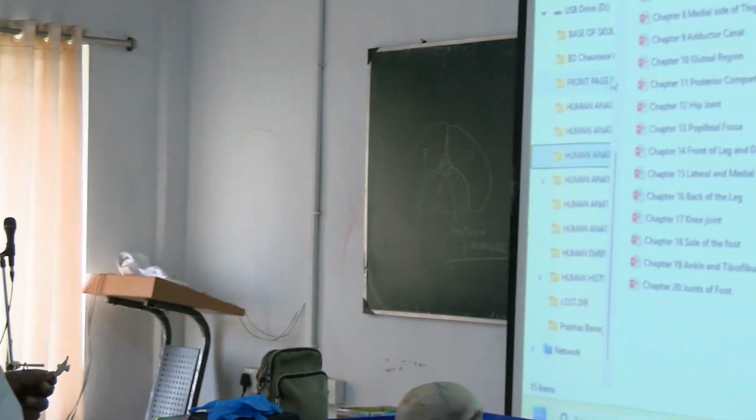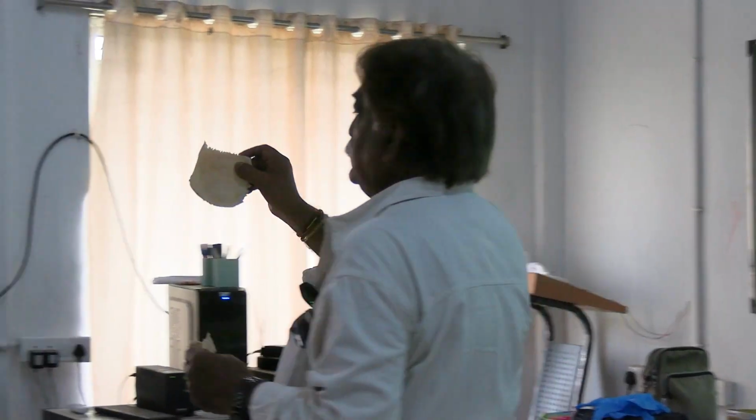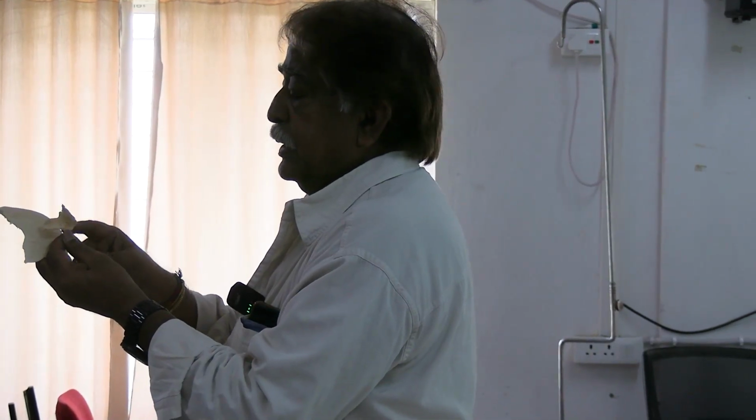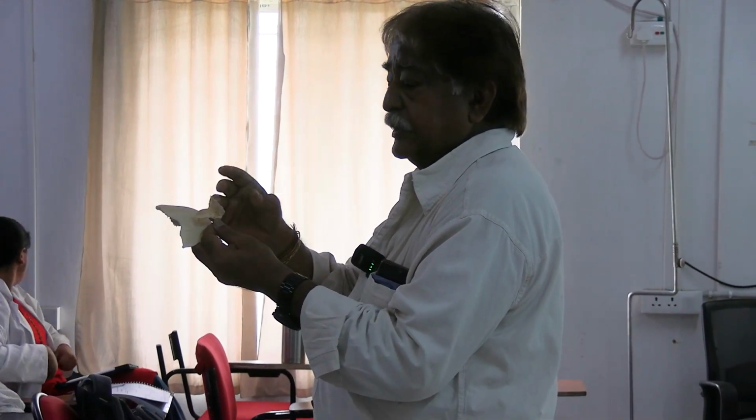So he took the parietal bone from the skull of the patient, and he made a zygomatic bone with the saw and all this, and put a screw and fixed. That got taken off.